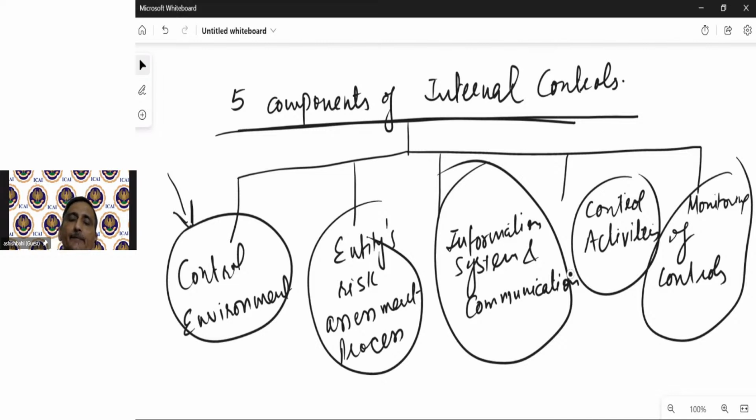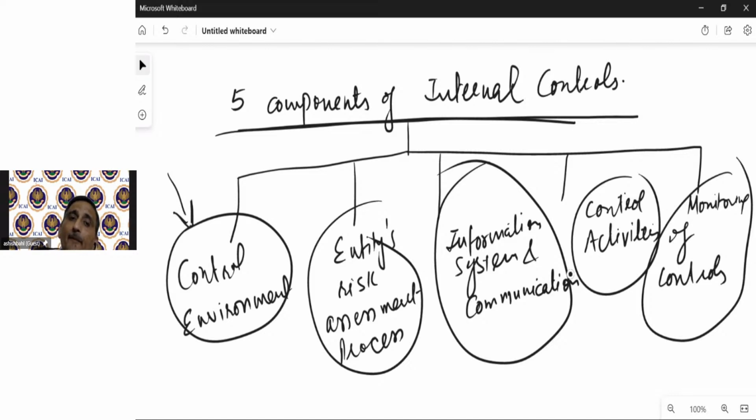If the management is honest, management is ethical, the people behind these are not habitual offenders, genuine mistakes, genuine errors can always be there.